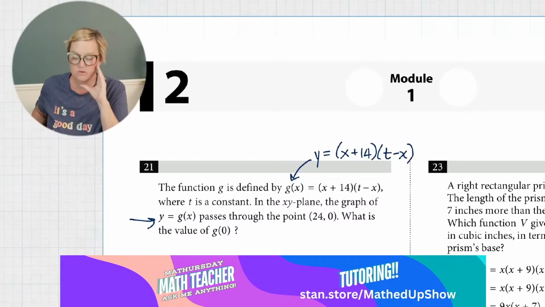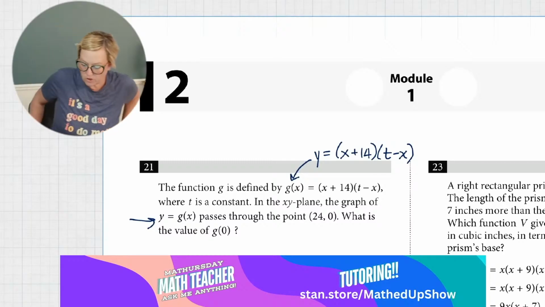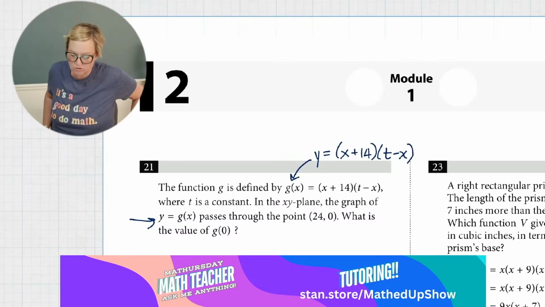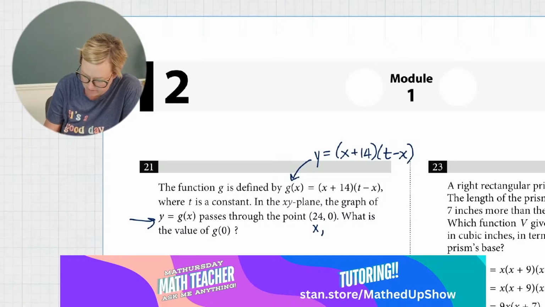Now, one thing that we do need to figure out is what is t. So in the xy plane, the graph of g of x passes through the point 24, 0. So when we look at this, we know that when x is 24, y is 0.